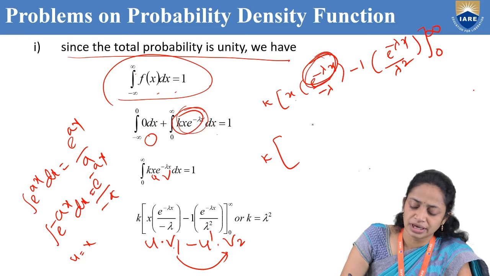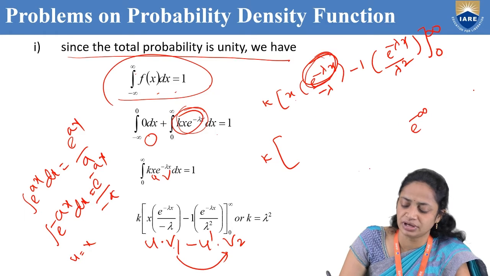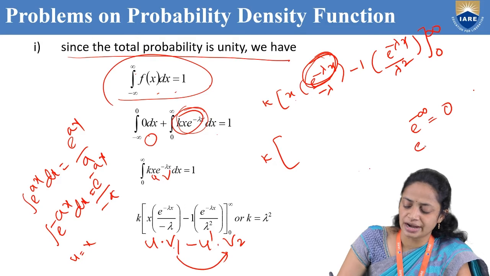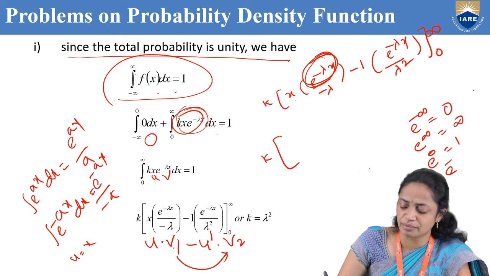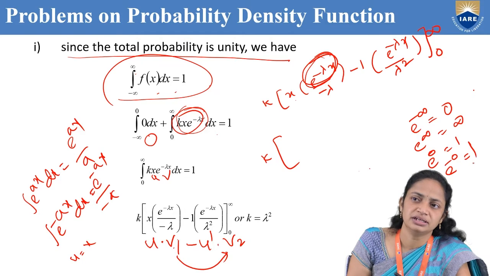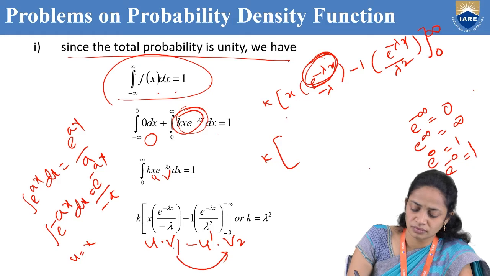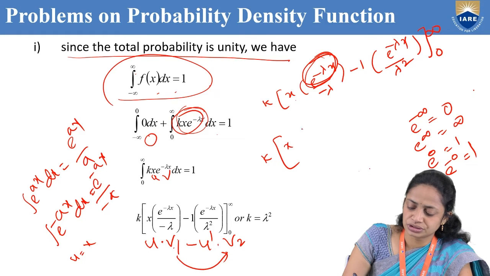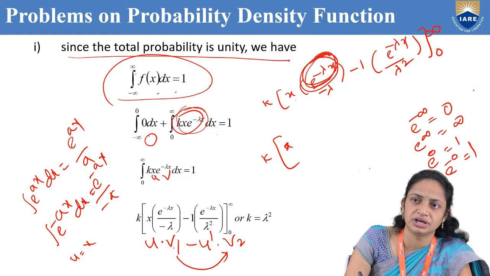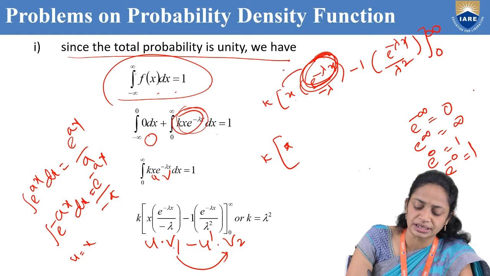So e power minus infinity is 0, and e power infinity is infinity. E power 0 is 1 and e power minus 0 is also 1, right? So x into e power minus infinity: e power minus infinity is 0 and 0 into anything is 0.